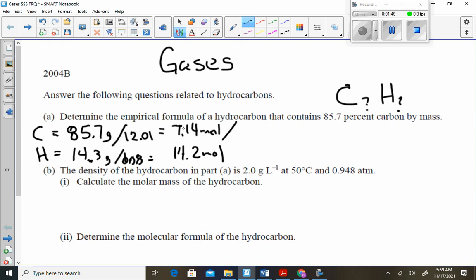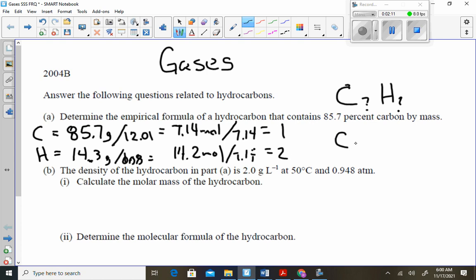But if these numbers were not quite 1-to-2 ratios, it might be a little bit harder. If you divide by the smallest, you get 1-to-2 as your ratio of carbon to hydrogen.